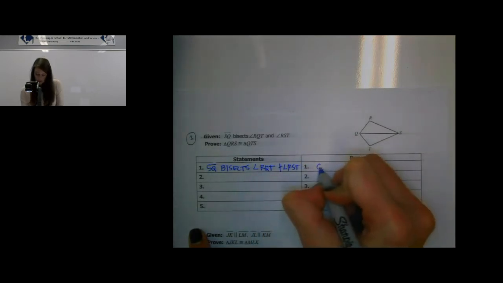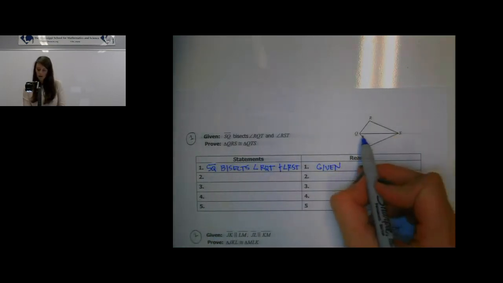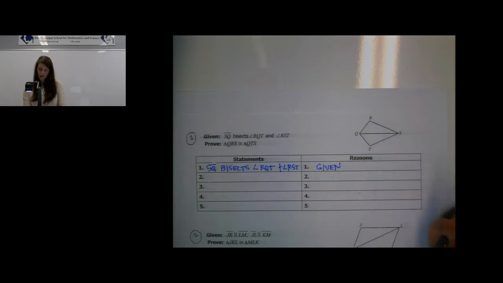So that is given to me. All right, so SQ right here is going to bisect RQT and RST.